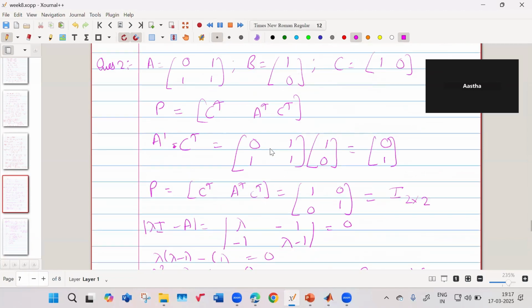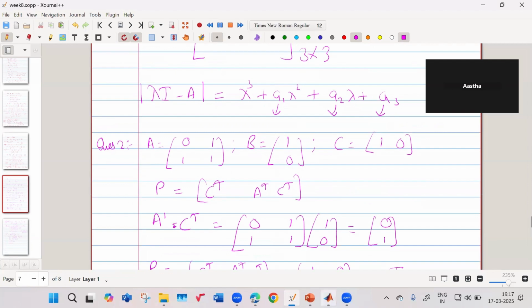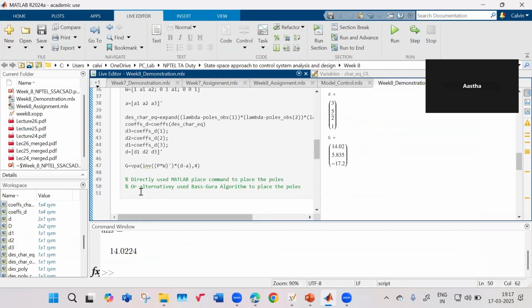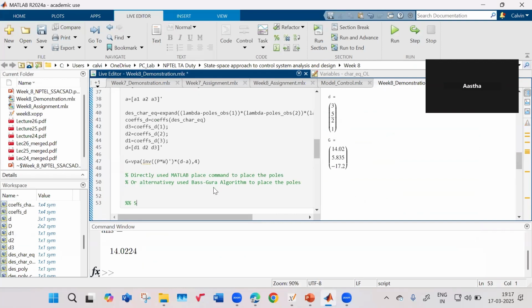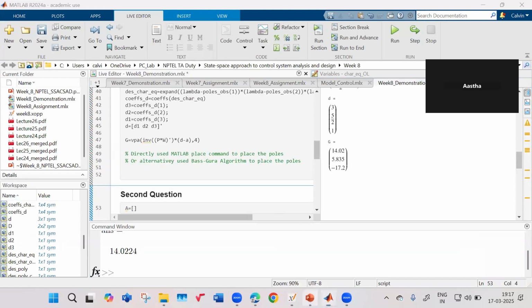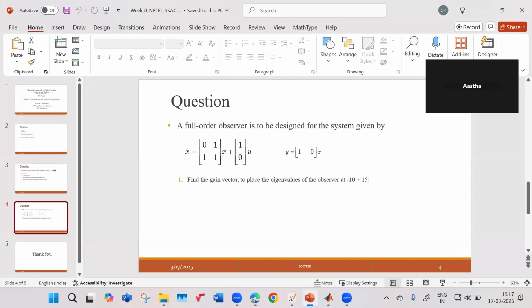So let us check. We are considering the second question, where the A matrix is given by 0 1, 1 1.